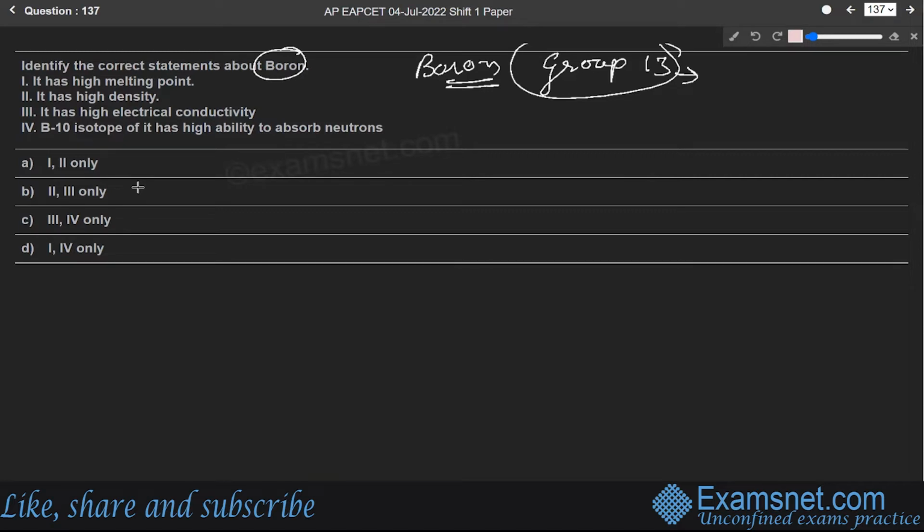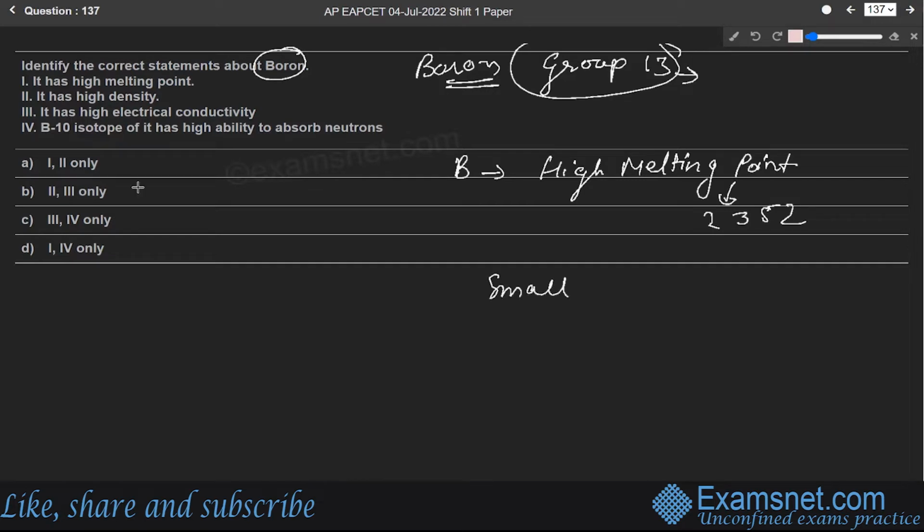So boron family: boron has a high melting point. Even I can tell you the number, that is nearly 2352 if I'm right. Boron is small in size.